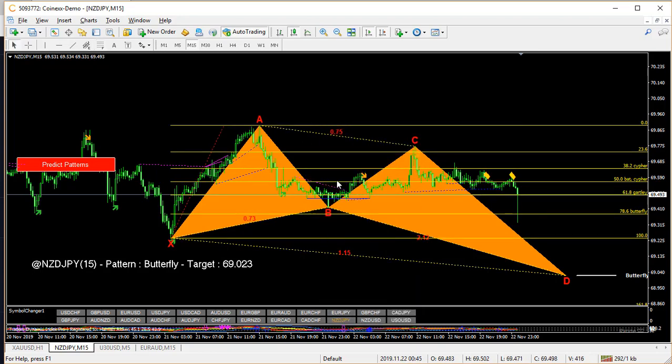Although the indicator call this as a butterfly pattern, it's not a butterfly due to the fact that it didn't reach the minimum for that B point, which is 78.6. Despite the fact that this is not a butterfly, it is, however, a garly, so still an advanced pattern.